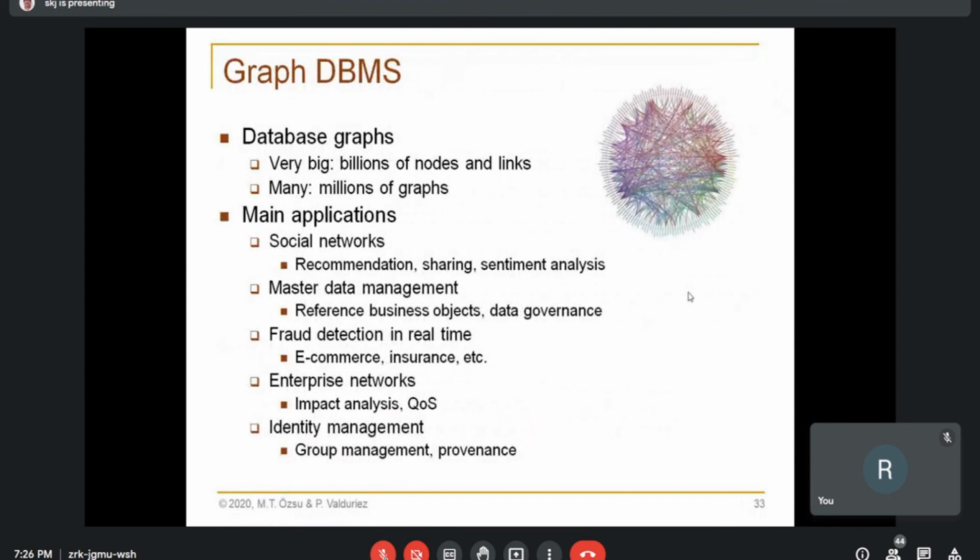Most social networking problems are modeled by graphs, with billions of nodes and links, and many millions of graphs. Main applications: social networks, recommendations, sharing, sentiment analysis, master data management, reference business objects, data governance, fraud detection in real time, e-commerce, insurance, enterprise network, impact analysis, quality of service, identity management, provenance.